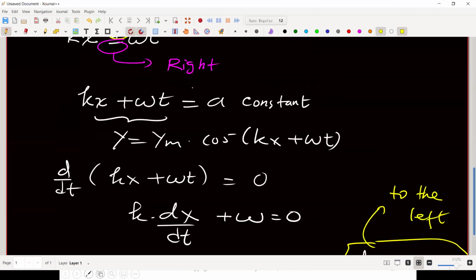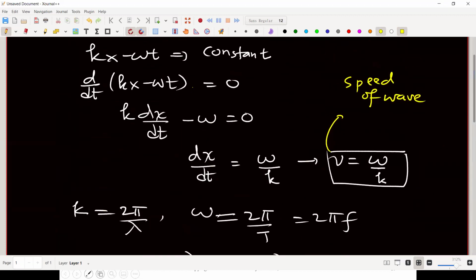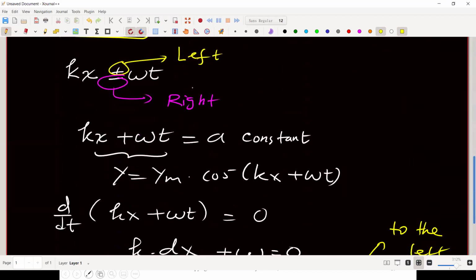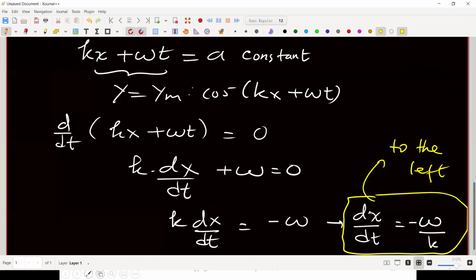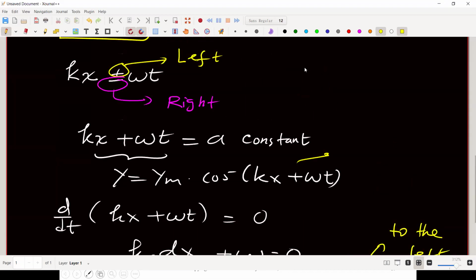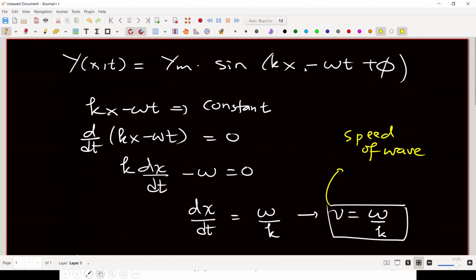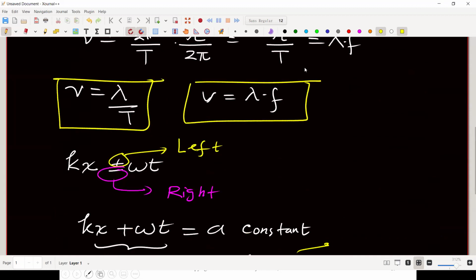I mean the direction of the wave. So if the sign is positive, the wave travels to the left side. But if the sign is negative, it means to the right side.